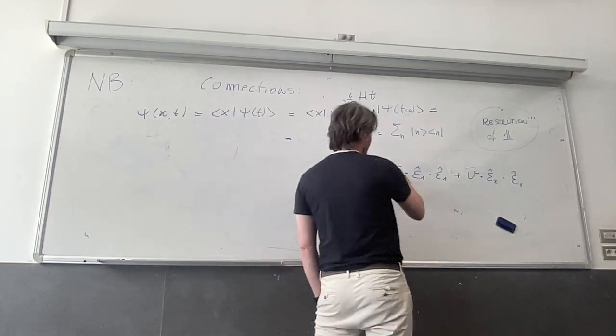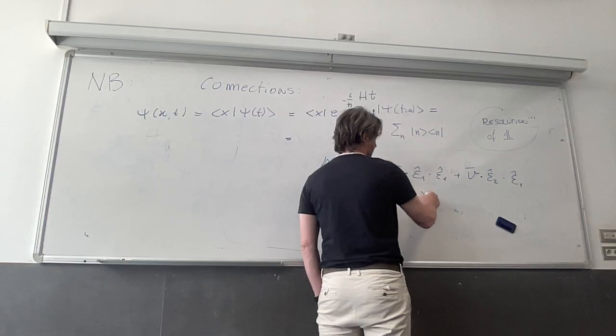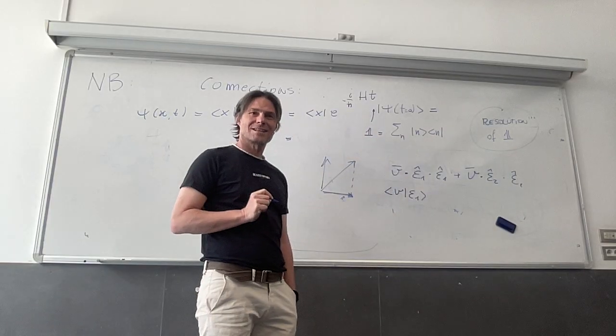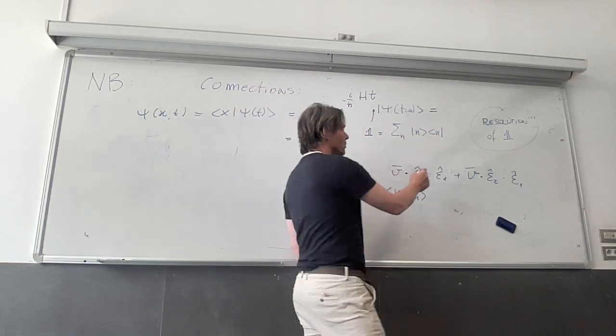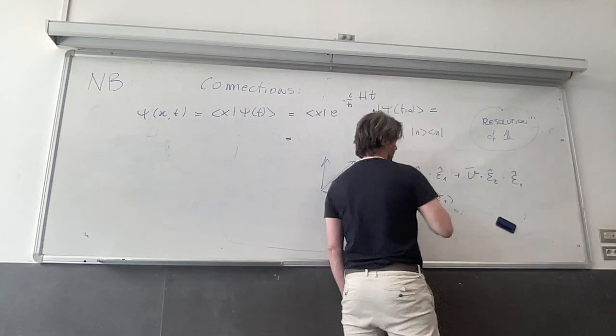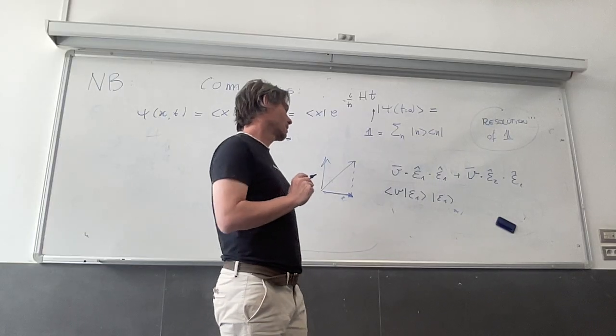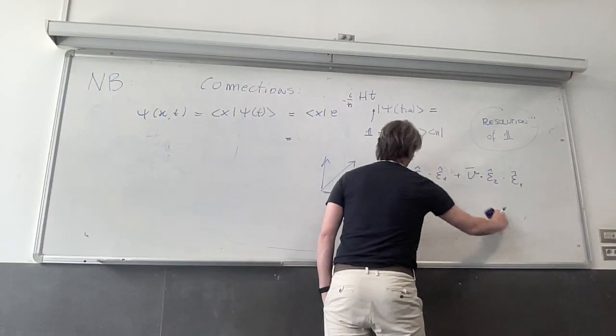Now, if instead of using this symbol, I was using this symbol for inner product, and instead of using this symbol for vector, I was using the ket, just a notation. Sorry, I've done something wrong here.